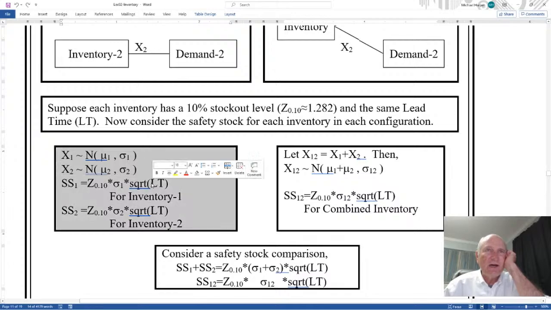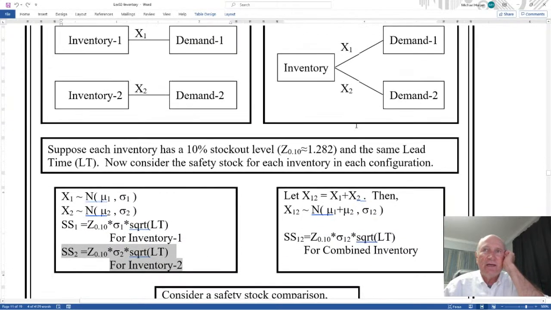Here's the safety stock for the first stream, for inventory 1, and the safety stock for inventory 2. There they are. So let's let our demand here for this inventory be the sum of those two.